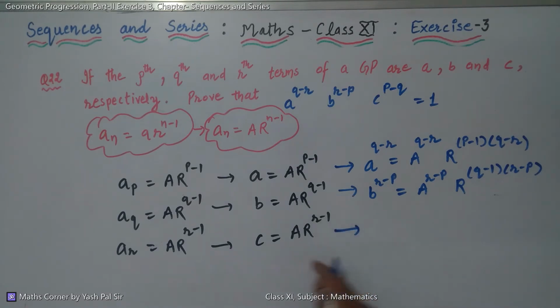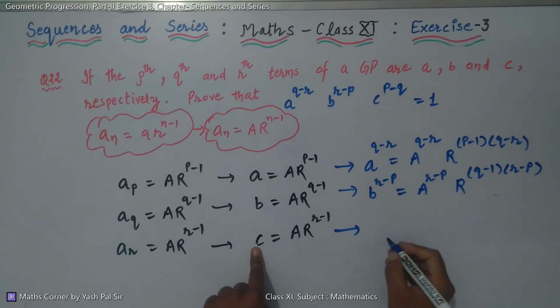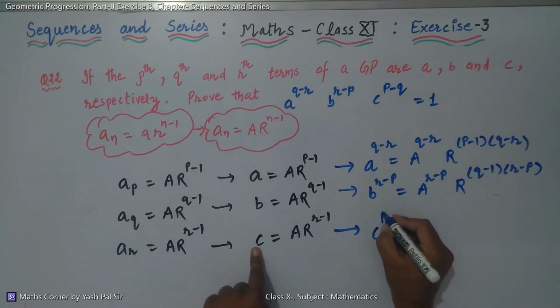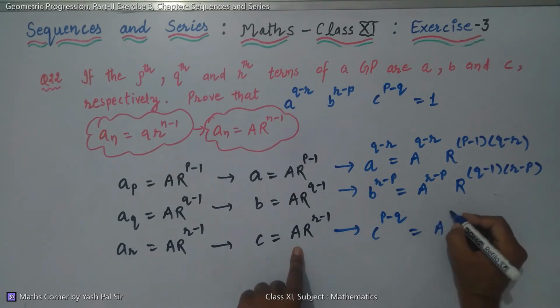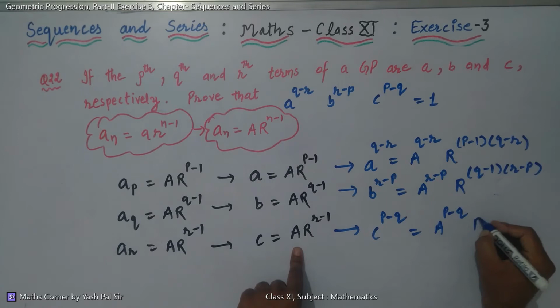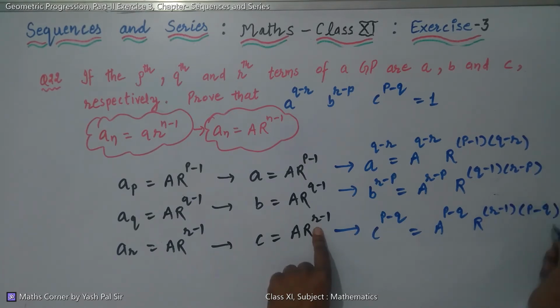Third, for c, raising the power both sides p minus q, c raised to power p minus q is equal to A raised to power p minus q into R raised to power (r minus 1) into (p minus q).